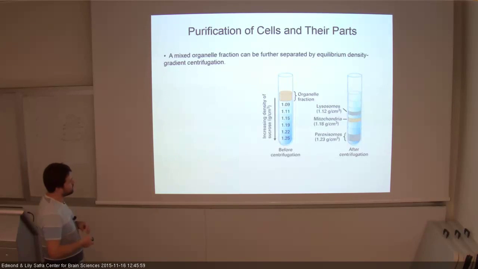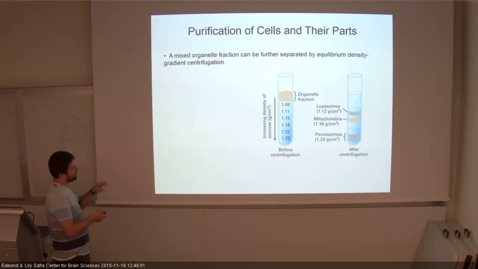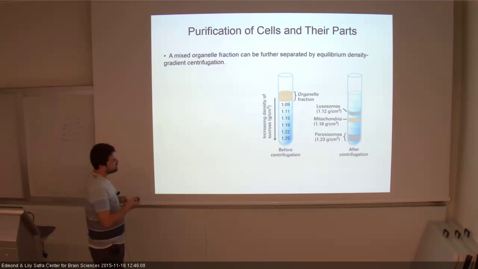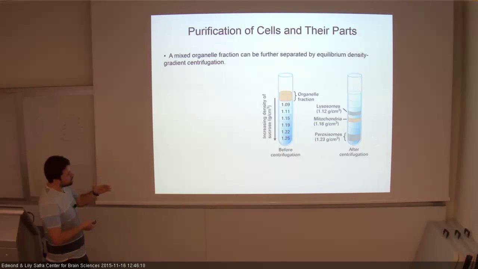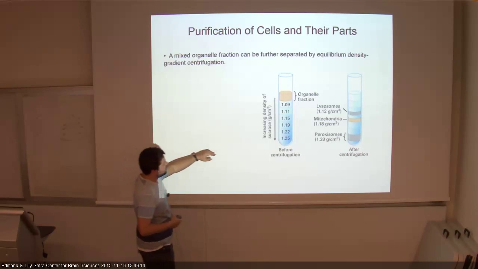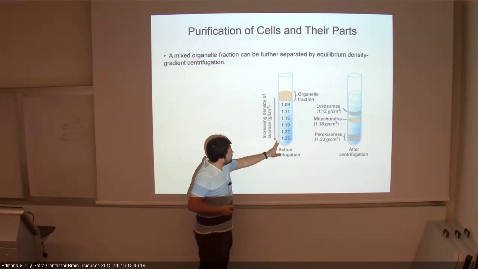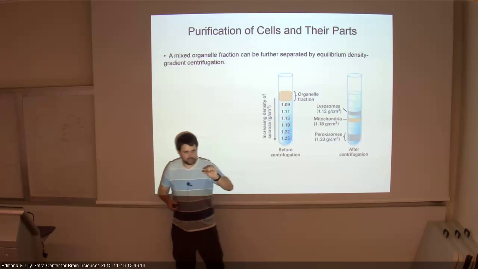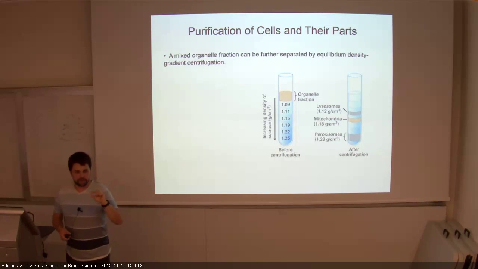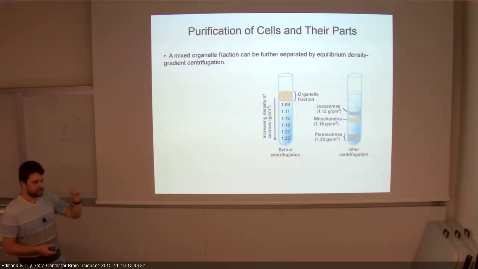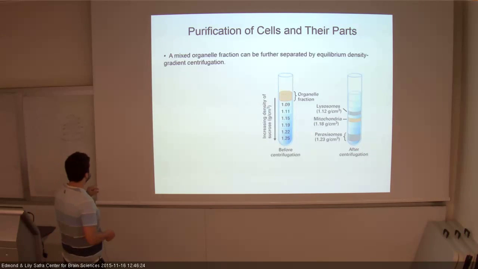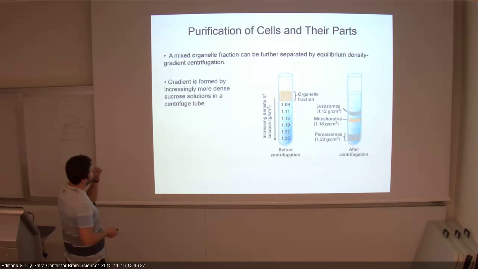I can form a gradient of different densities, and if I apply enough force, the organelles will migrate through this gradient and only settle in the specific area where their density is equal to the density of the gradient.